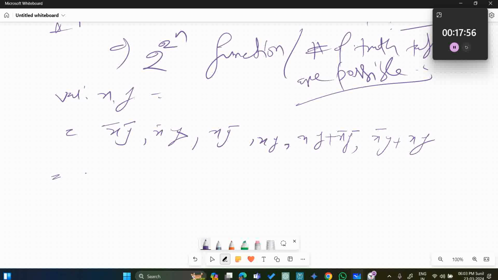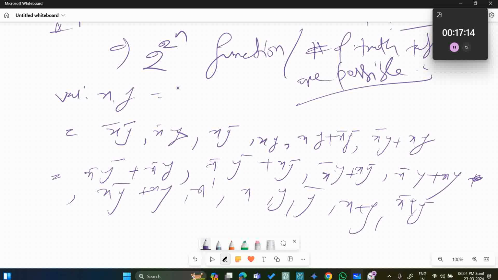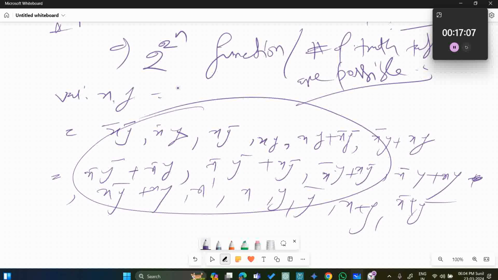And further would be x bar y bar plus x bar y, x bar y bar plus x y bar, x bar y plus x y bar, x bar y plus x y, x y bar plus x y, x bar, x, y, y bar, x plus y, x bar plus y bar. So these are all possible.